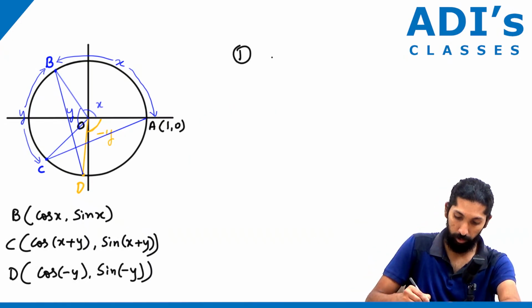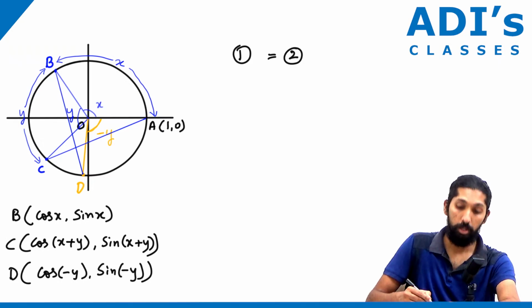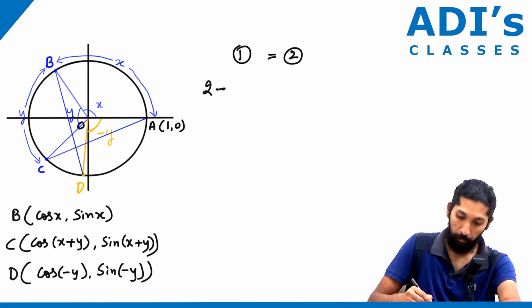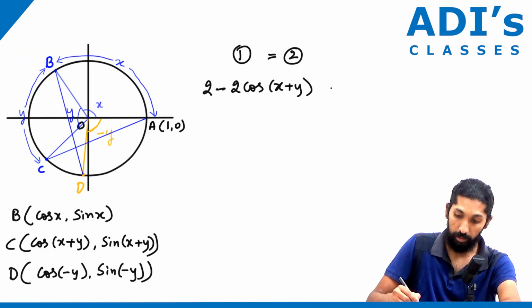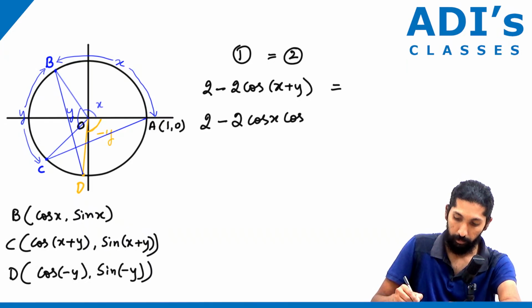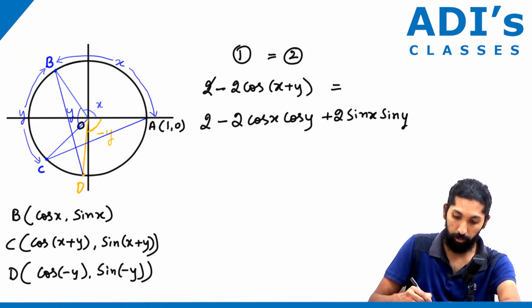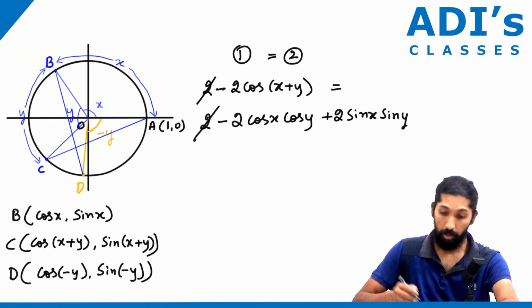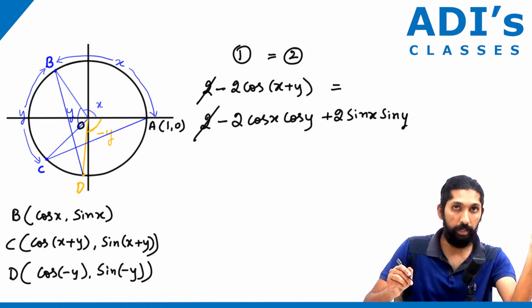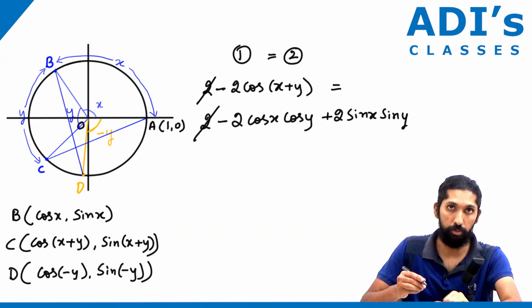Equation 1 is equal to equation 2. So we have 2 minus 2 cos of (x plus y) is equal to 2 minus 2 cos x cos y plus 2 sin x sin y. Now the 2 and 2 get cancelled. Here you can divide the whole equation by minus 2.